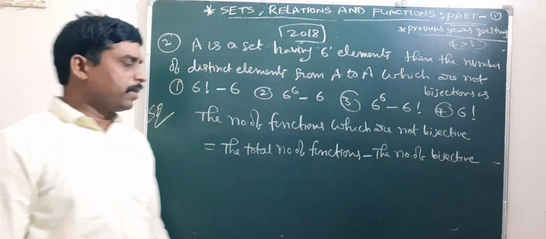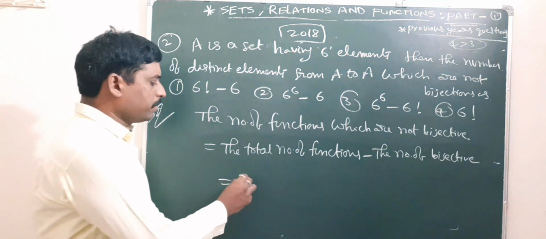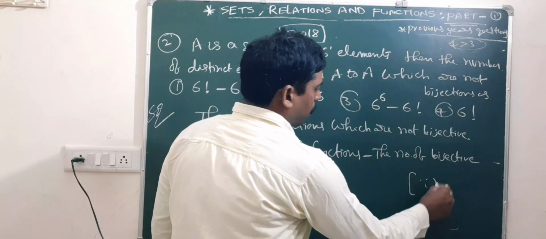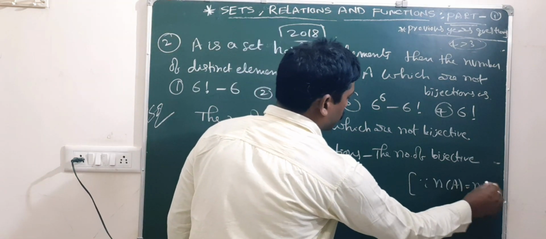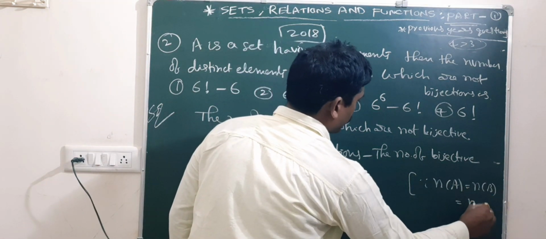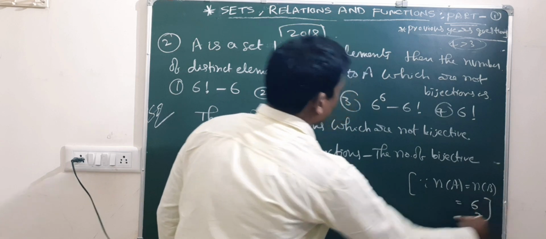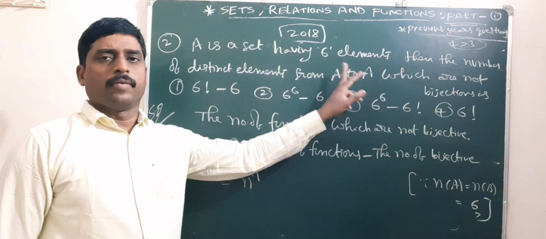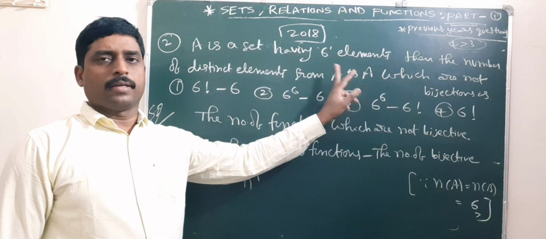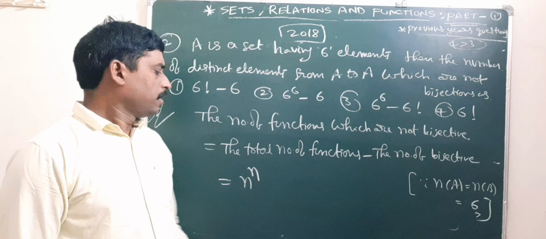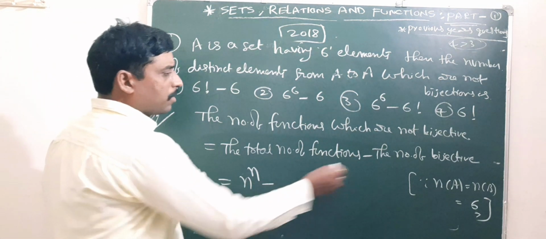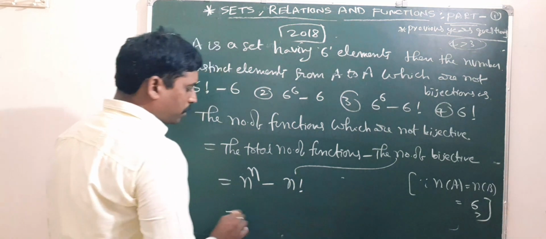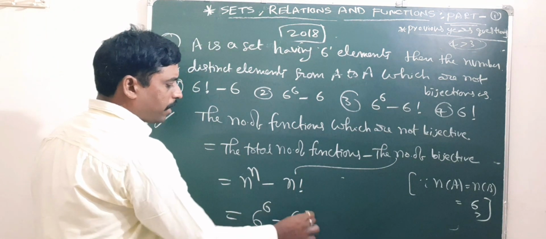The total number of functions formula is n to the power n, since in this case A and B have the same number of elements; the function f is a mapping from A to A. So n to the power n minus the number of bijective functions, whose formula is n factorial. Since n is equal to 6, therefore 6 to the power 6 minus 6 factorial.